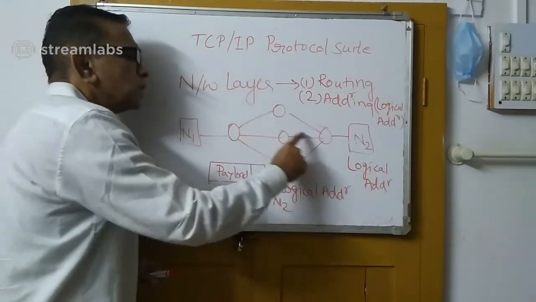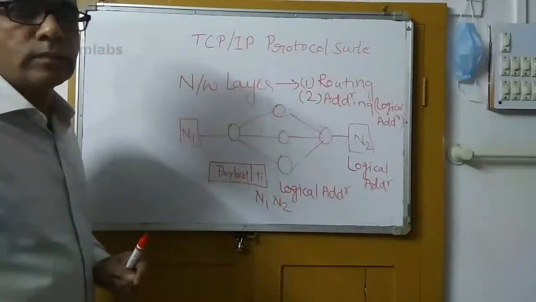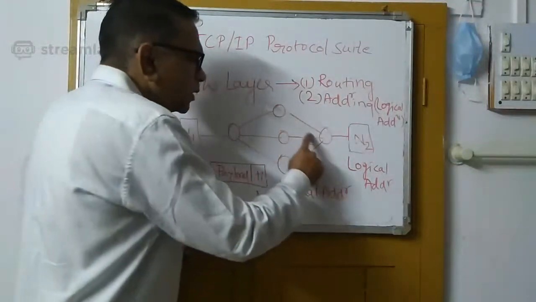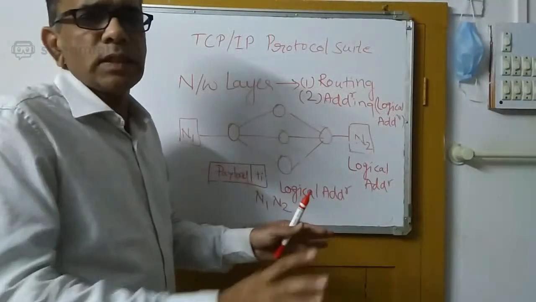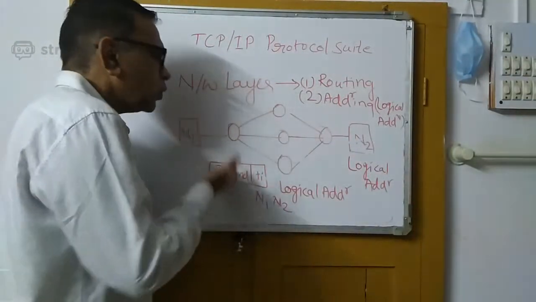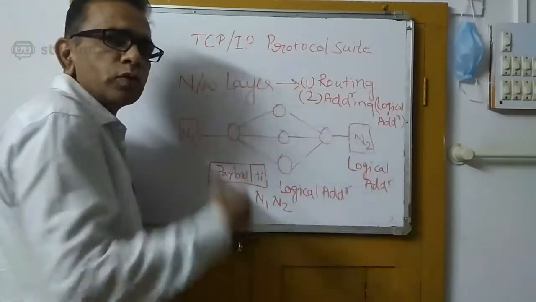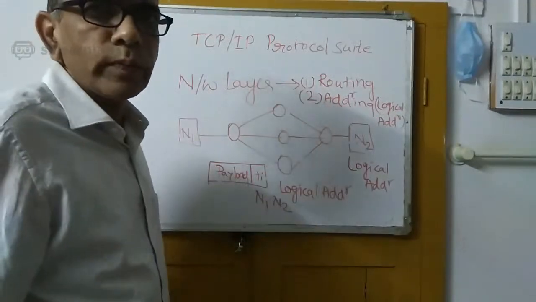Then it sends this message through the path which is decided well in advance. So these paths will be used to reach some destination, here in this case it is N2. So whatever message it creates, it travels through some specific path to reach N2.